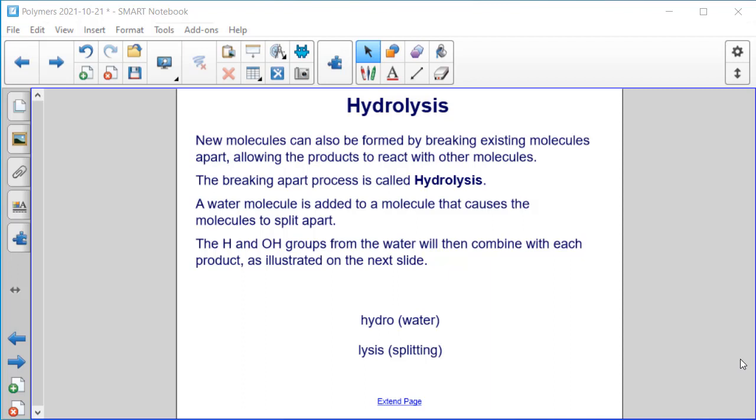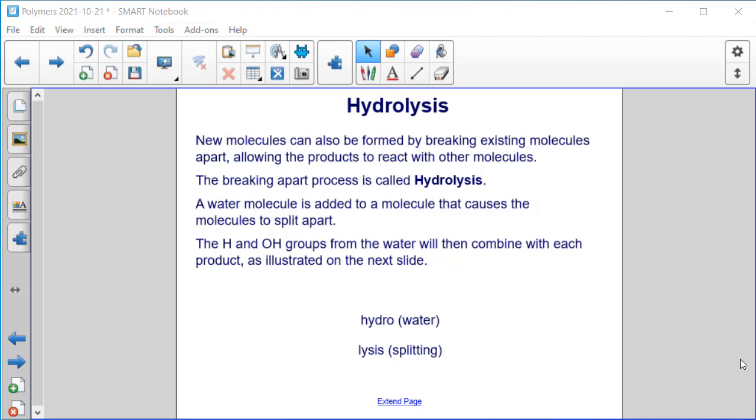Let's talk more about hydrolysis now. New molecules can also be formed by breaking existing molecules apart, allowing the products to react with other molecules. This breaking apart process is called hydrolysis. A water molecule is added to a molecule, which causes the molecule to split apart into separate molecules.